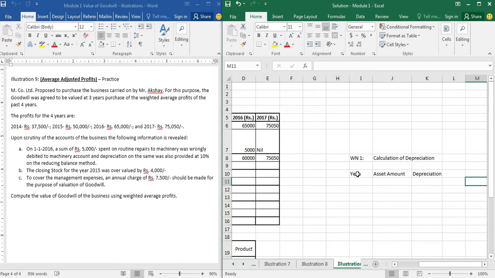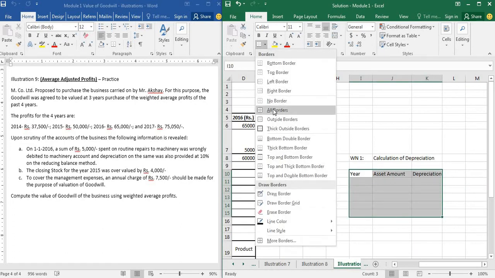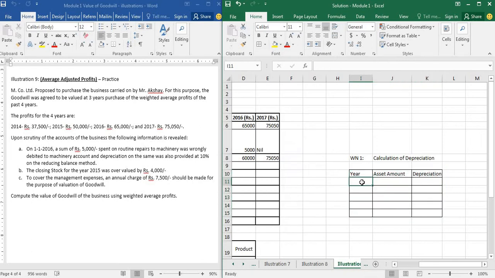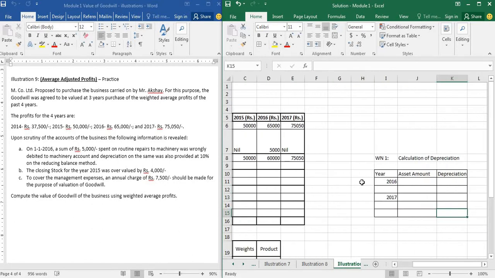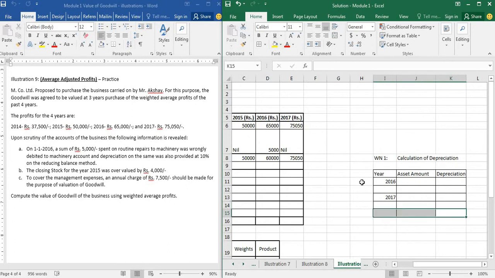So we have to make a table, guys. So from the year 2016 it is going to start and it is going to go to even 2017. So in the year 2016 the asset amount was 5,000 and depreciation was charged at 10%.